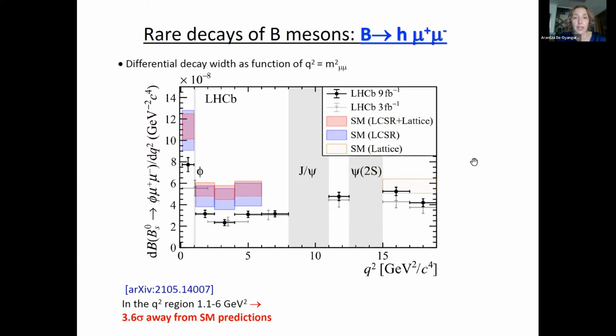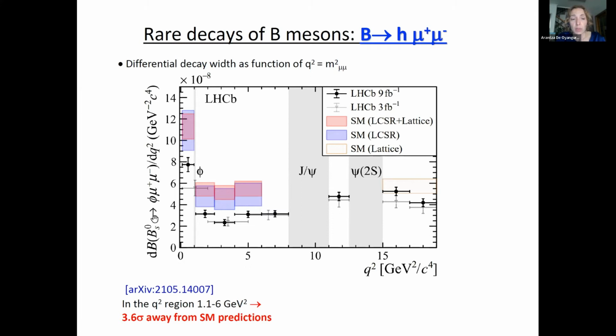So if we measure this differential decay width as a function of Q squared, what has been observed is that if we compare with the theory, which is coming from lattice and light-cone sum rules, there is a local deviation compared to what is predicted.